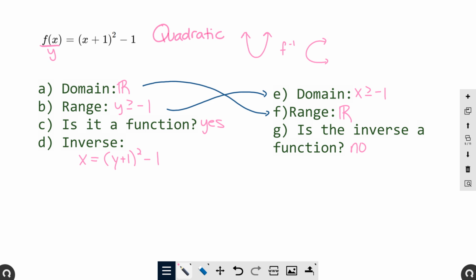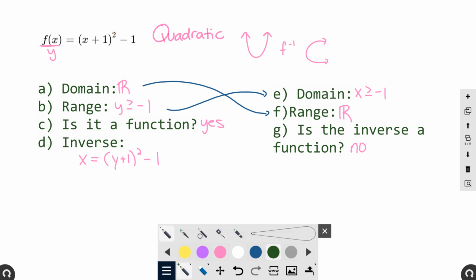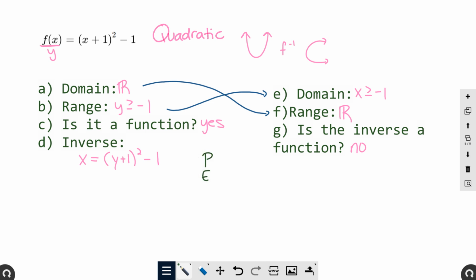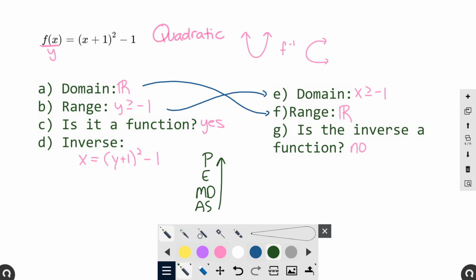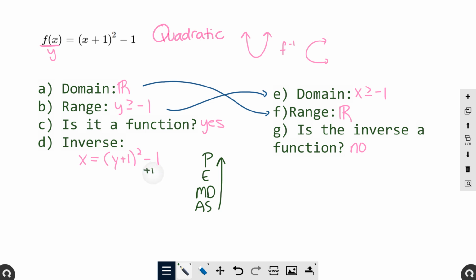Now, you want to solve for Y. Remember, when you're solving, you do your PEMDAS in reverse. So we're going to start with any add or subtract. So first we're going to add the 1 to both sides. Good.